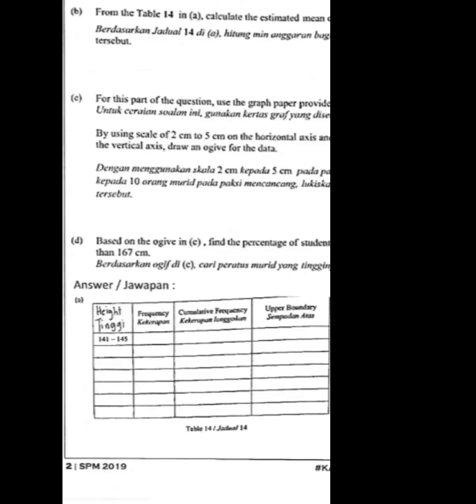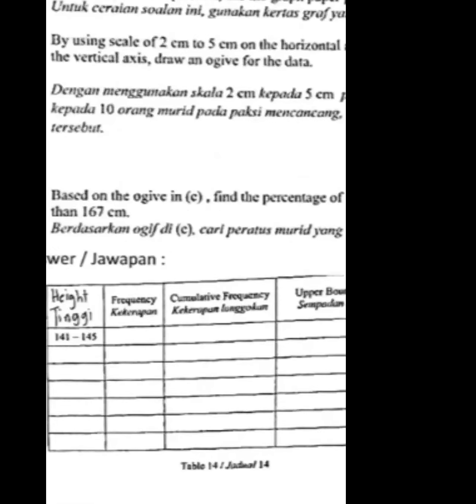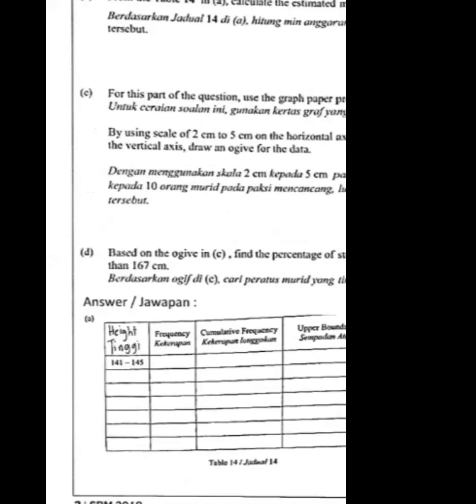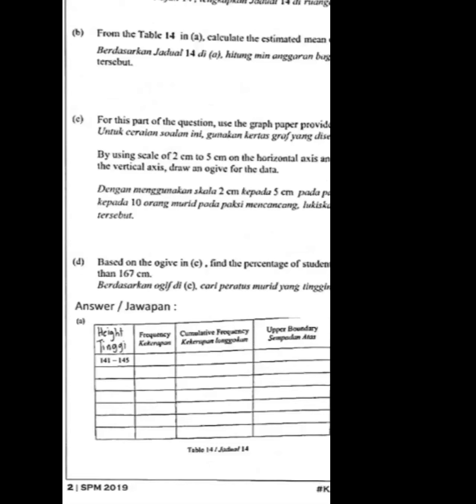For the cumulative frequency, the frequency in the first column is 0, so you write the cumulative frequency of the first column as 0. The second column's frequency is 8, so the cumulative frequency is also 8, because cumulative frequency is the sum of frequencies.